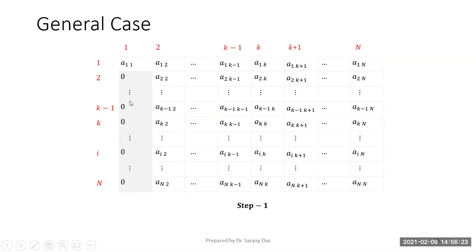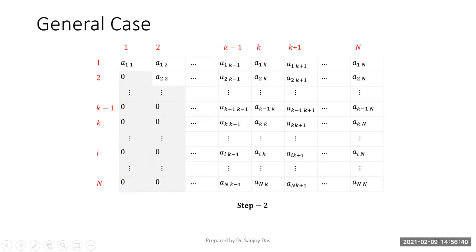I zeroed out these lower triangular elements. And what did I use? Row 1 to zero out these from all the rows below it.